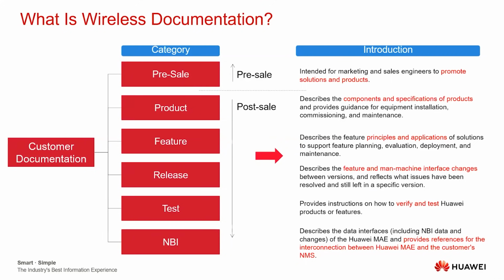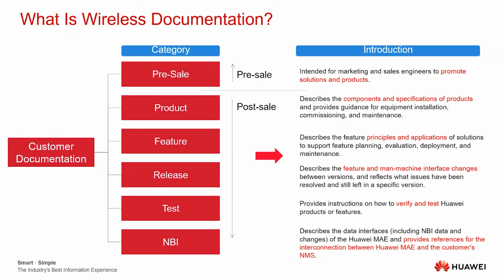The pre-sale documentation is intended for marketing and sales engineers to promote our solutions and products to the customer. So it's focused on the benefits and availability of the products and also the specifications. The second part is post-sales documentation. Here we have 5 categories: the product documentation, feature, release, test, and NBI.